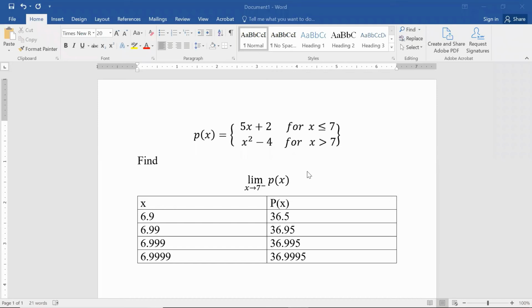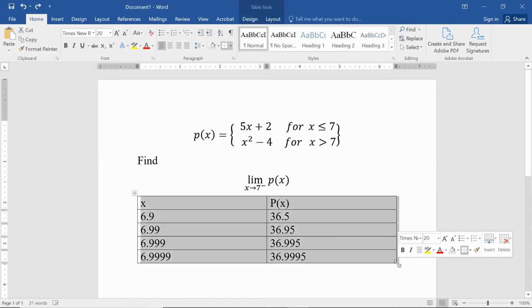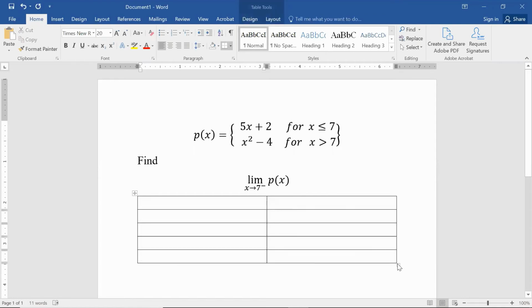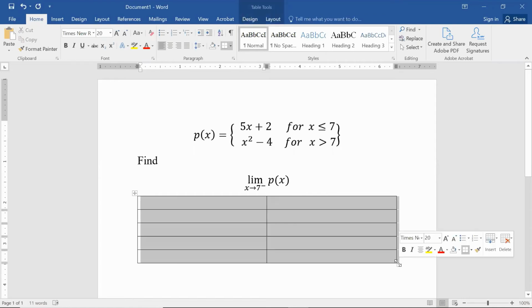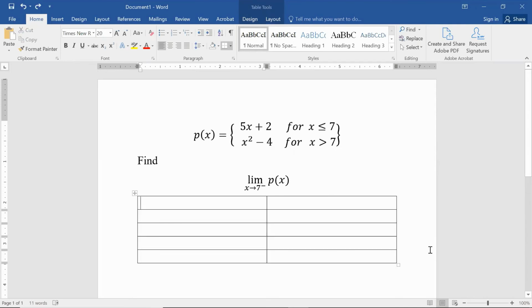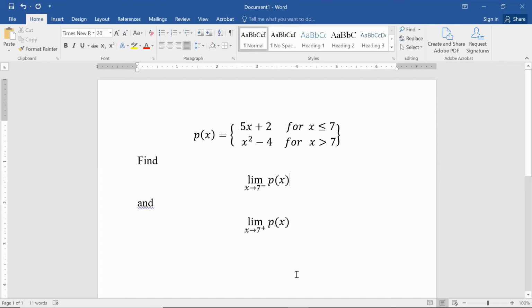Now, it turns out that neither the numerical approach nor the graphical approach is the quickest way to find this limit. What we can do, if I really want to make this quick, is say, oh, we're dealing with numbers that are below 7.